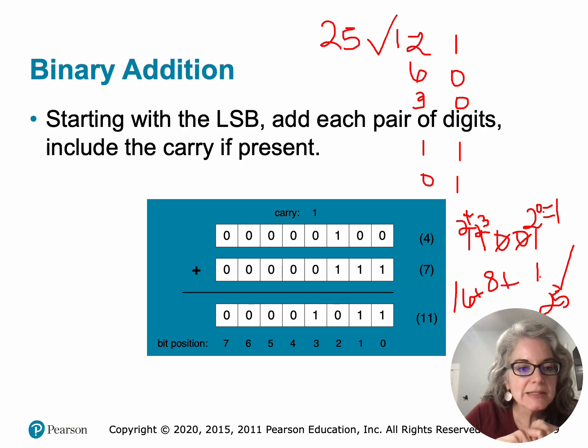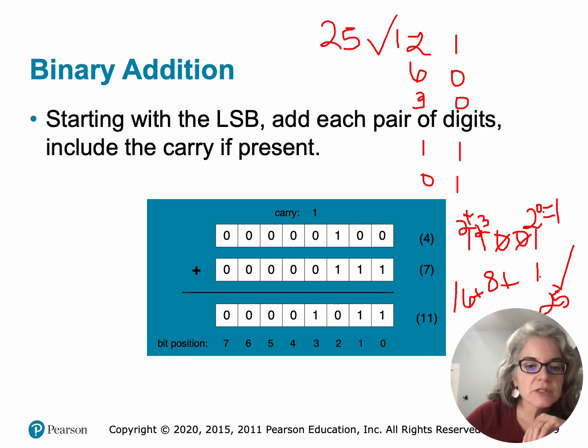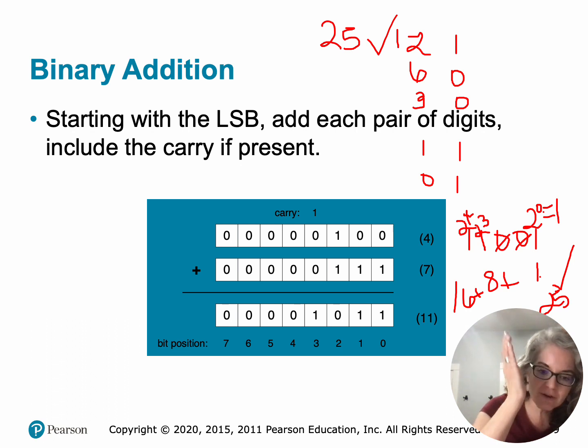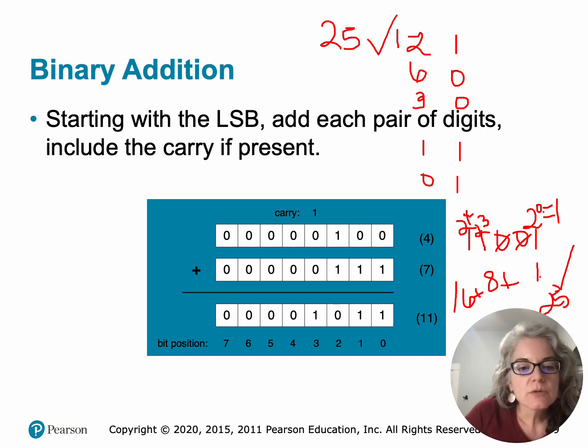So here we're adding two binary numbers. It's super easy to add binary numbers. We're going to start with the least significant digit, which is on the right hand side, which is wonderful because that's how we add numbers, right? Anytime we add numbers, we always start on the right hand side. We always add from right to left. So 0 plus 1 is 1. 0 plus 1 is 1. Now here we have 1 plus 1.